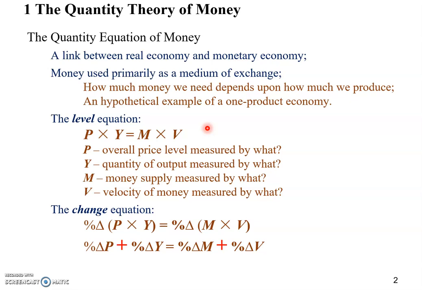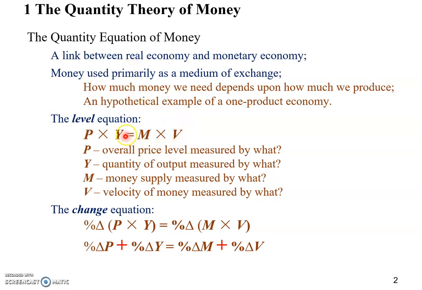So suppose we produced 10 oranges, and the price of an orange is $1 each. Then our nominal GDP would be $1 times 10, so it's $10, right? So that's the left-hand side. That's the nominal value of our output, okay? So that shows our real economy, how much we actually produced in current dollars, right?